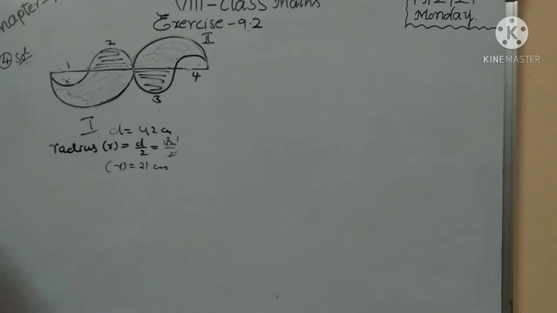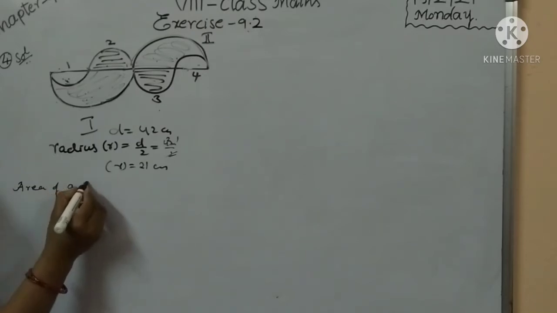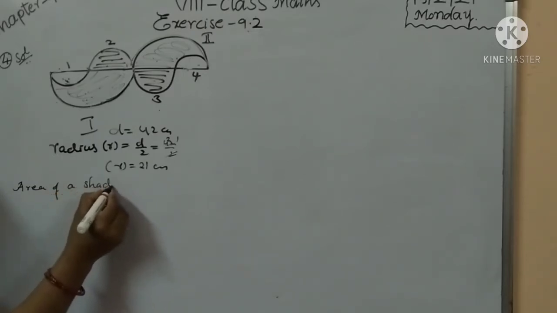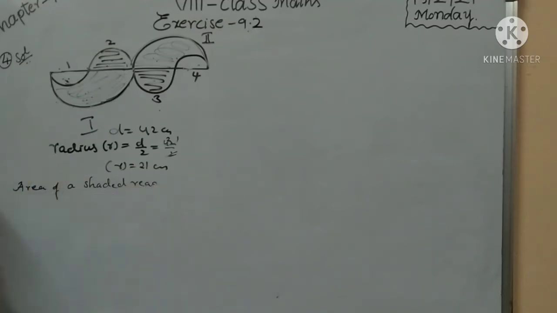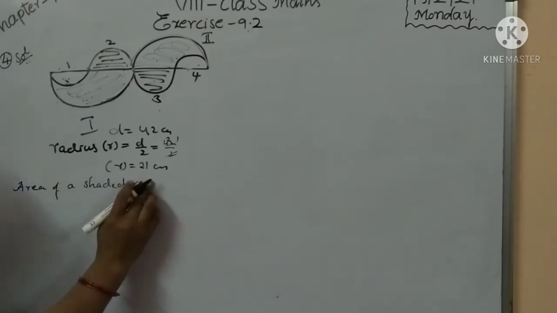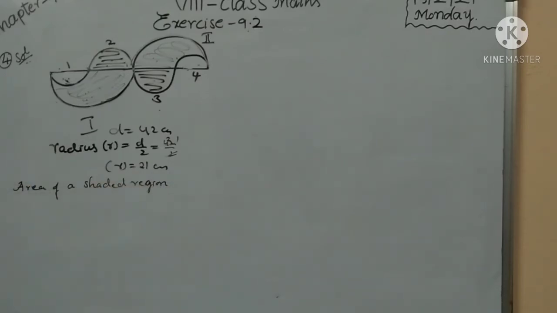Now write here: area of the shaded region. So the area of the two bigger semicircles.